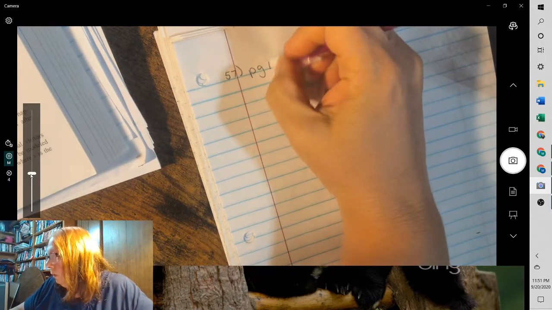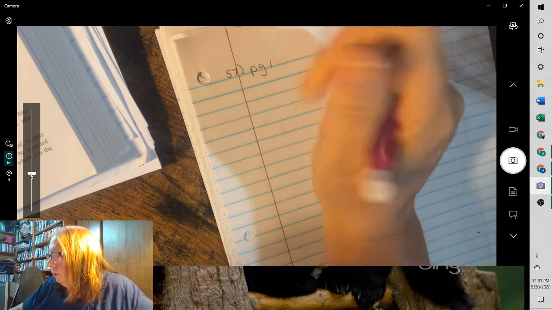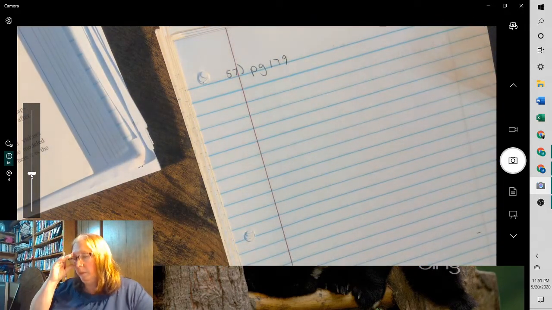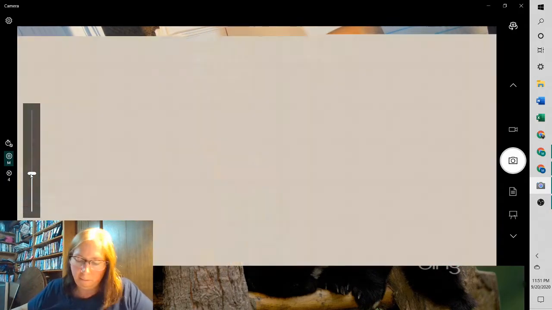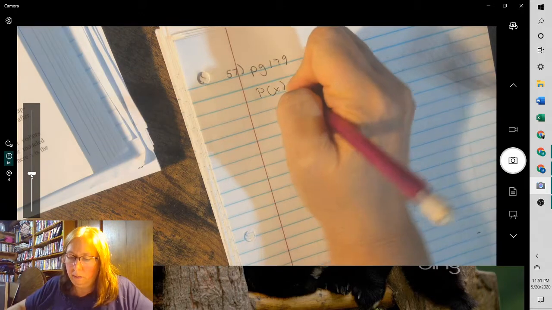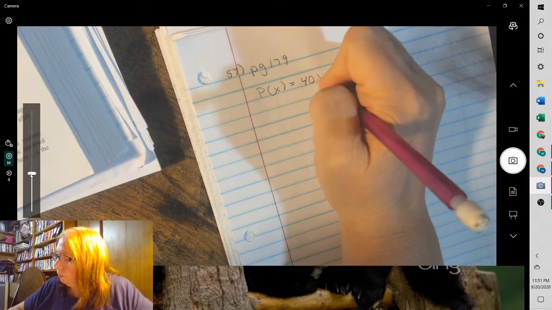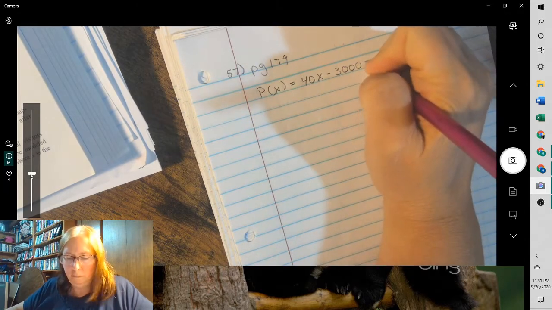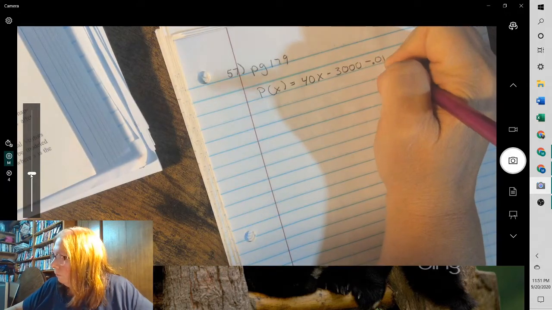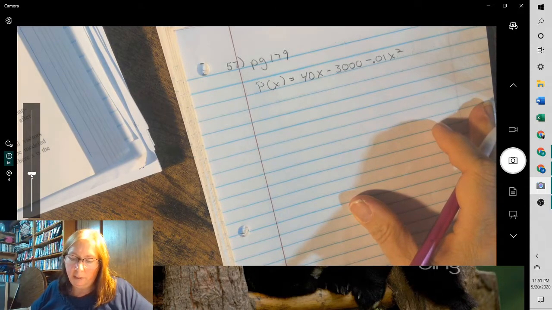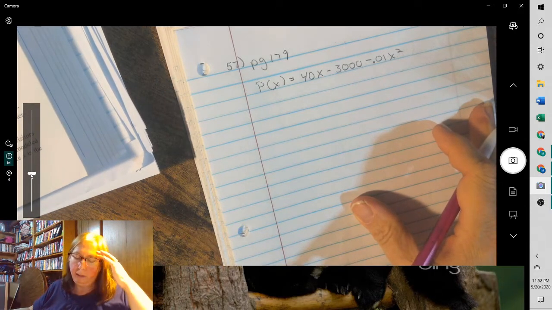You can access your book on MyMathLab if you don't have the hard copy, but it's on page 179. And our profit function is this. They want us to find the maximum profit and the quantity that gets us it.